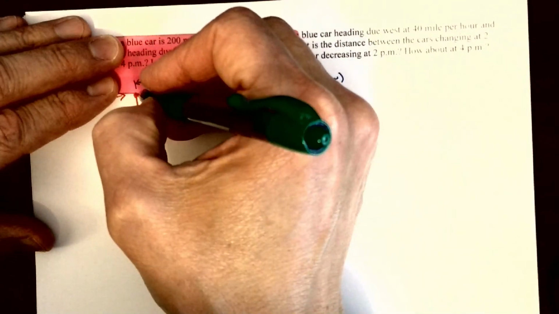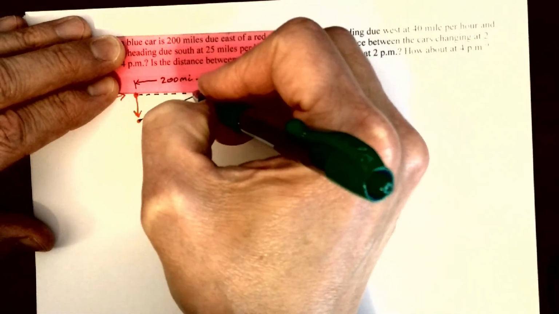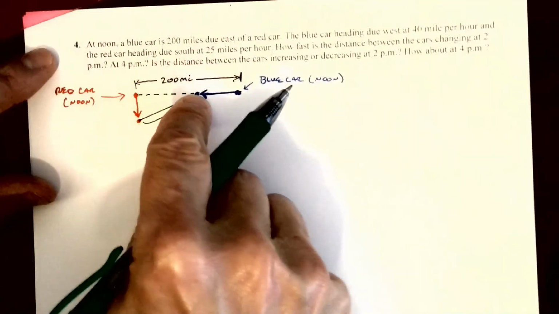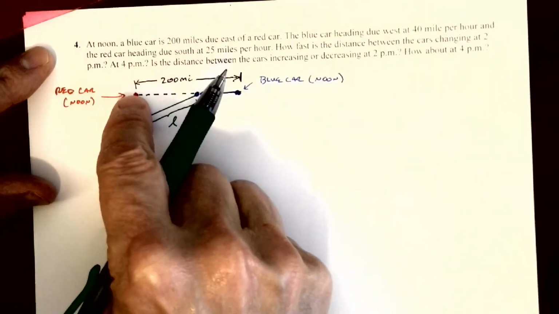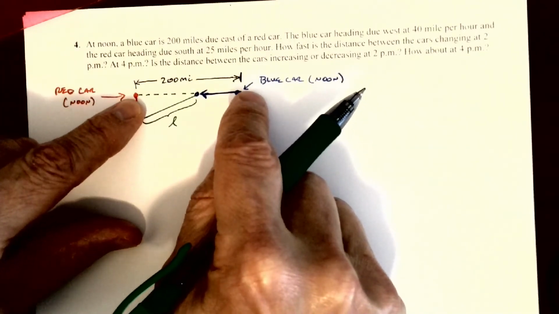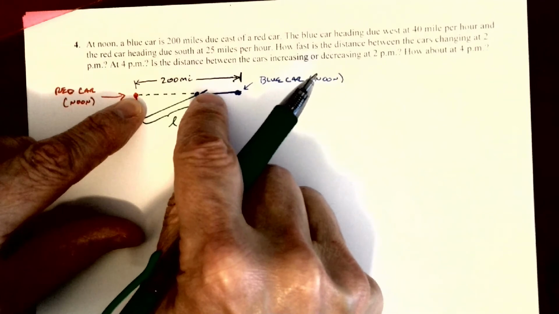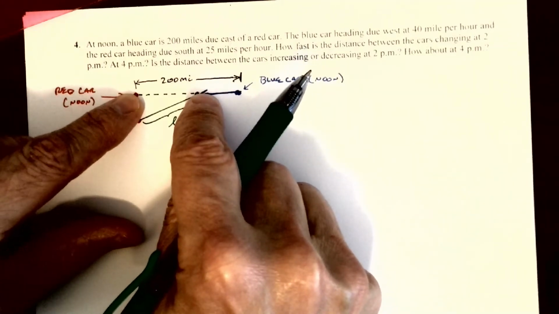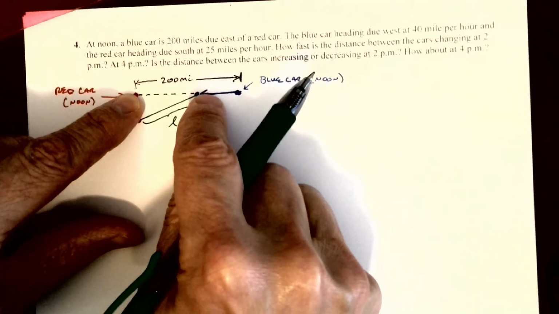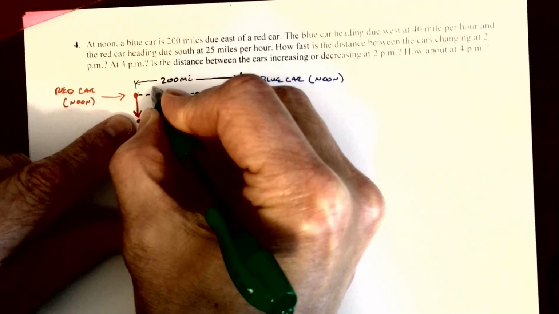I'm going to let the variable quantity be the distance from the blue car to where the red car was initially. Initially they're 200 miles apart, and as the blue car drives towards the red car, that distance gets smaller. I'm going to call that distance x.